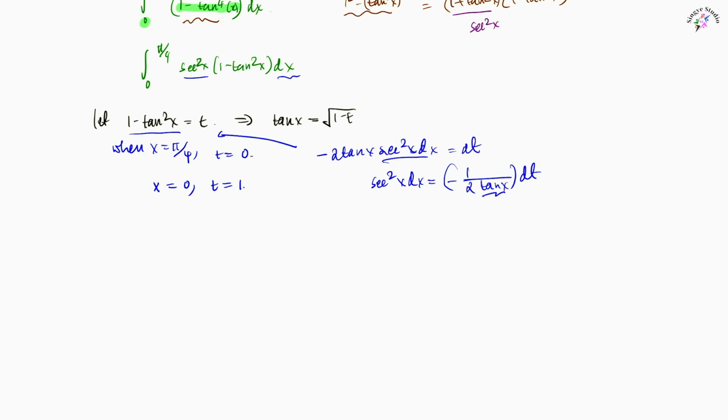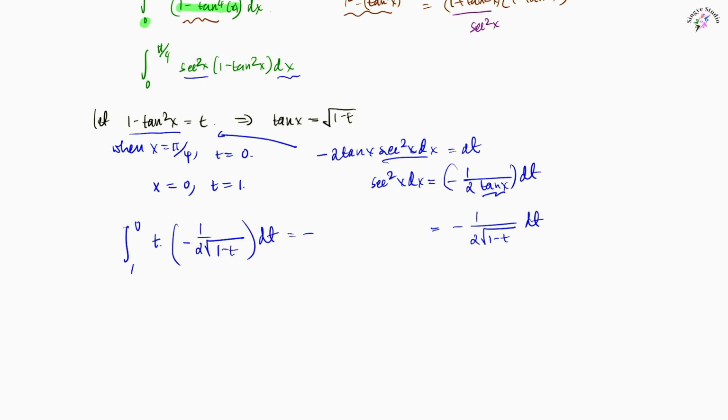It is root of 1 minus t. So secant square x dx is negative 1 divided by 2 root of 1 minus t dt. Now we will get the integral from 1 to 0 of t times negative 1/2 over root of 1 minus t dt.